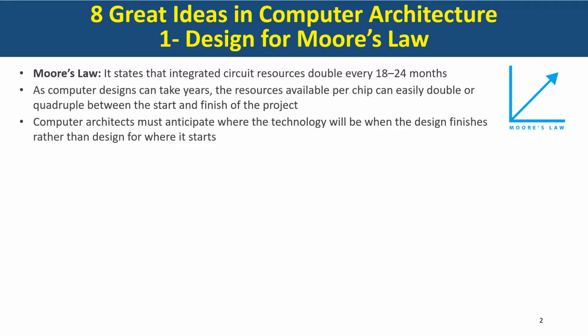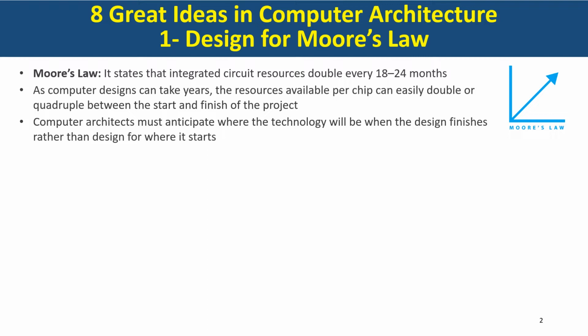So if with 1 million transistors you can design one processing core, then roughly with 4 million transistors we can design 4 cores in the same chip, so we can have parallelism. That's the idea of design for Moore's law.